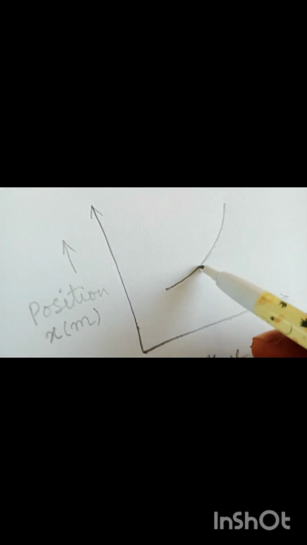With varying time, the object occupies different positions. This is expressed by this curve.